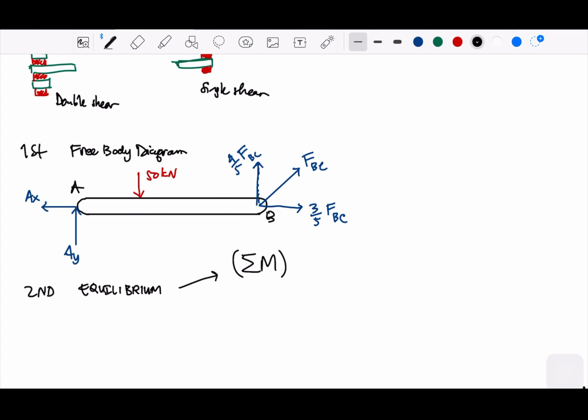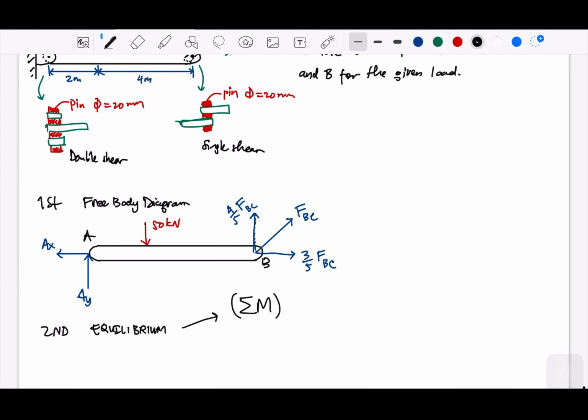But if we take A, then AX and AY we don't need in the calculations, so every perpendicular force multiplied by its distance gives us FBC. And if we take B, we will get AY. Either way, it's okay. So let's take a break for a while.